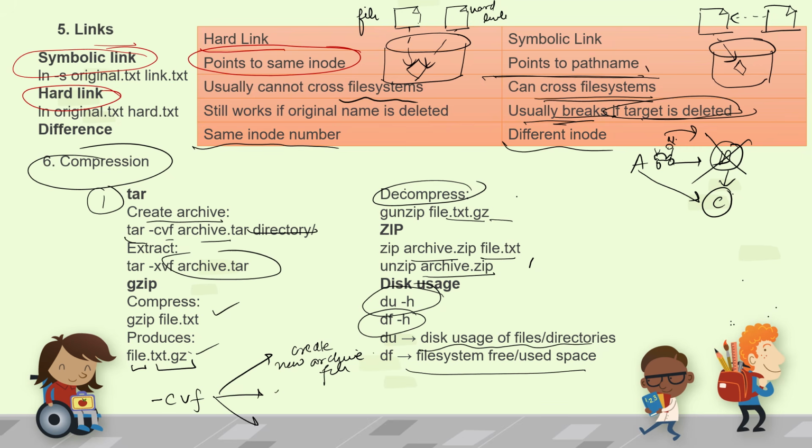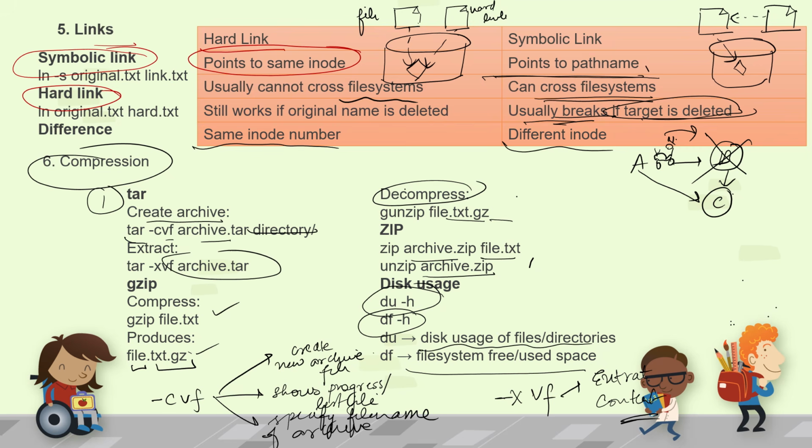It basically shows your progress, or we can say lists the files. f is basically to specify the file name of the archive. And when we use -xvf, the difference is that it is extracting content only. I hope this is clear.